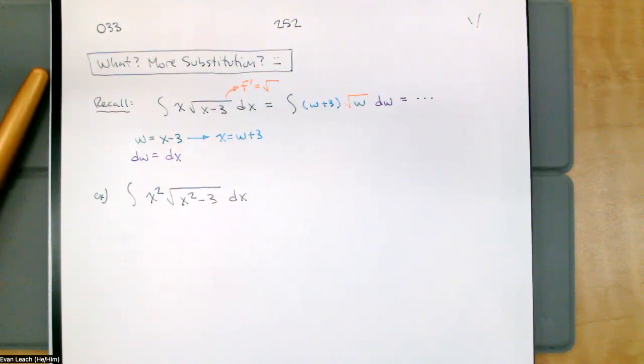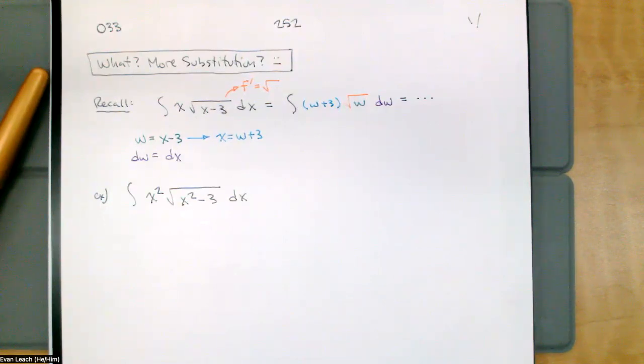That x was not part of the dw, so it's kind of a leftover x that we have to deal with. But because we make the substitution w equals x minus 3, we can rewrite that and replace the x with a w plus 3. So we were able to get a little bit more mileage out of our initial substitution.